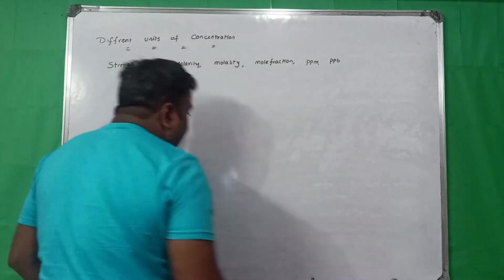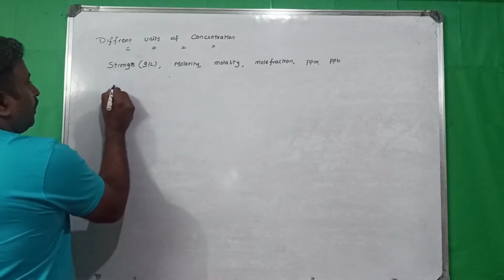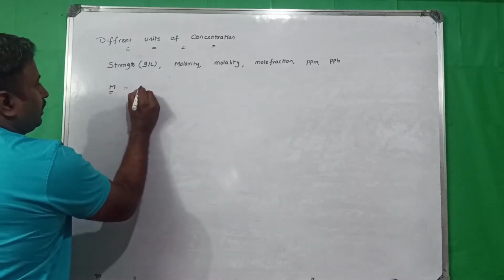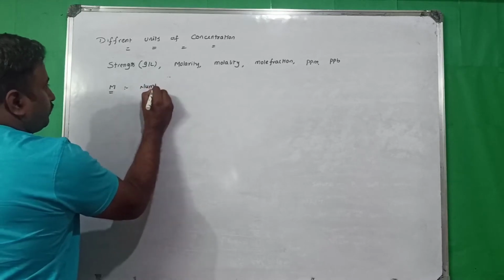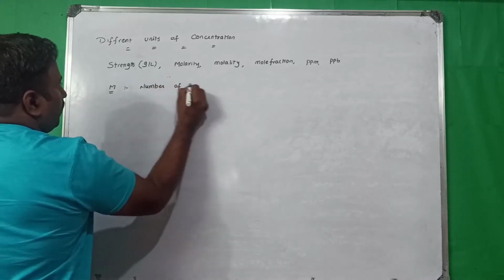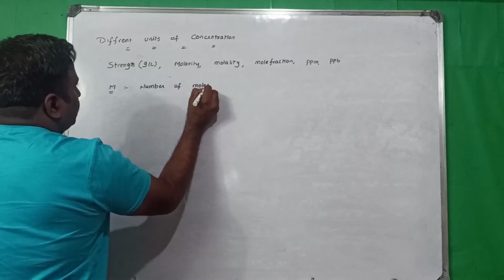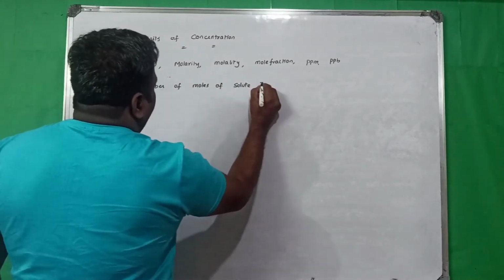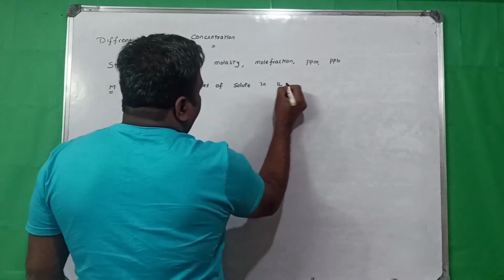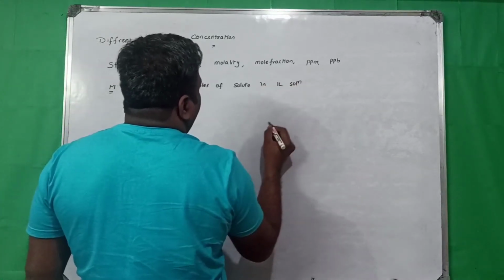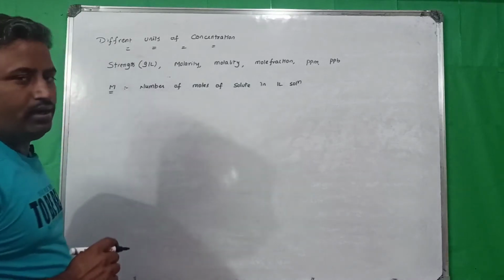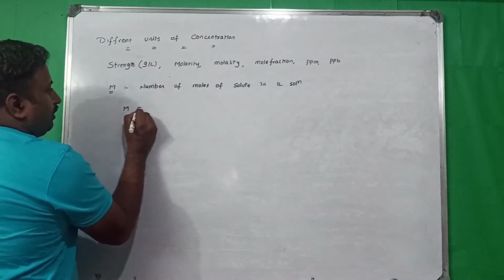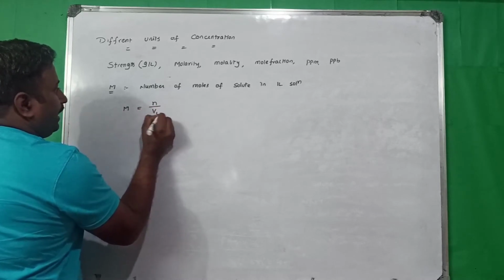So what is molarity? Molarity, represented by capital M, is nothing but the number of moles of solute in 1 liter solution. So capital M is equal to N by V in liters.